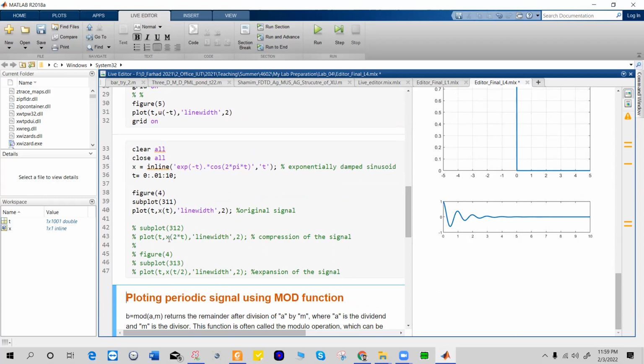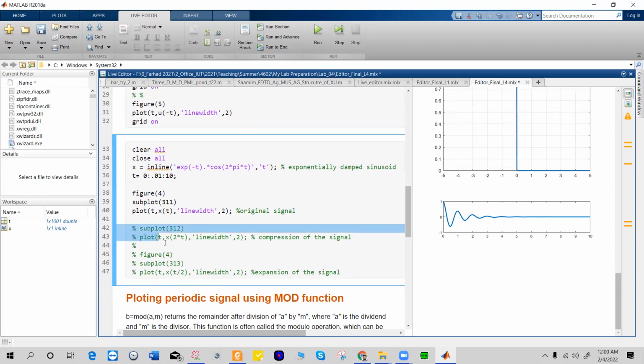Now if we write x of 2t, according to our understanding, the signal should be compressed, and x of t by 2, if we perform this, then the signal will be expanded, right? So the signal is supposed to be expanded. So let's check.